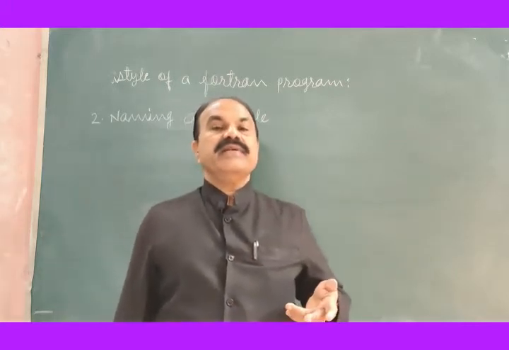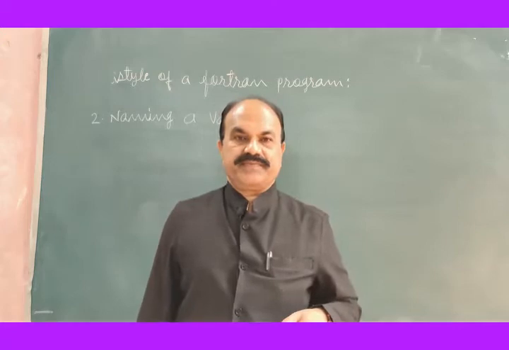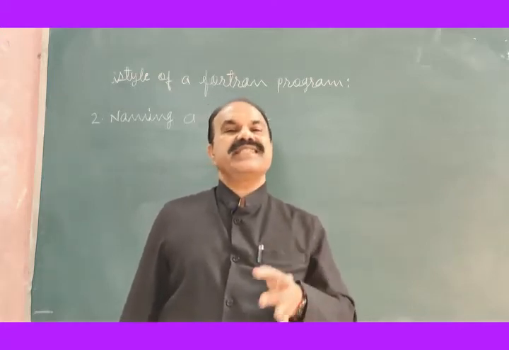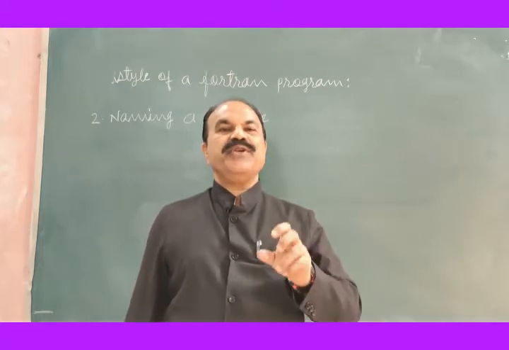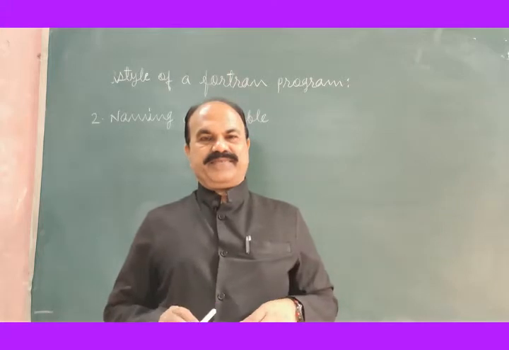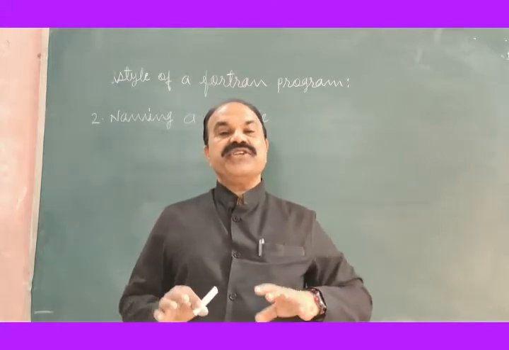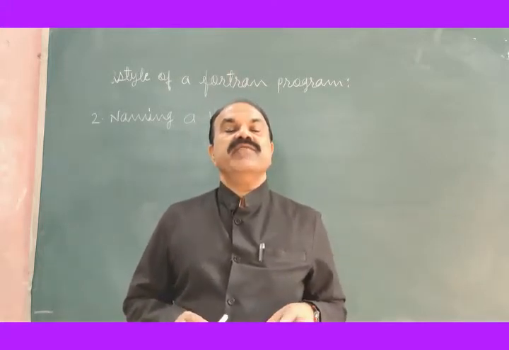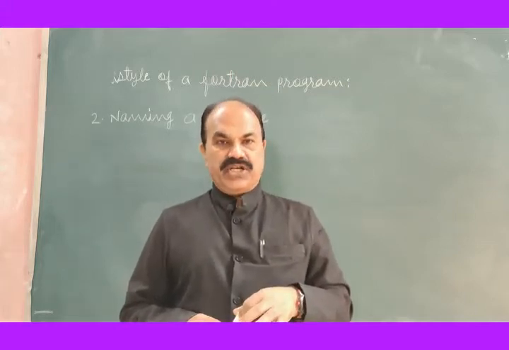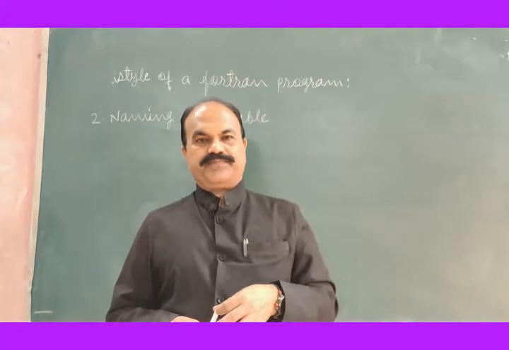Next thing, special symbols and Fortran verbs, Fortran statements should not be used for naming the variables. These things must be remembered whenever the variables are to be named in a Fortran program.